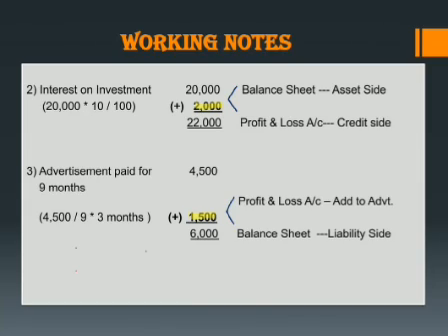That 1,500 we have to add to the particular advertisement, that is 4,500. We get the 6,000. Then for 1,500 we have to give the two effects, profit and loss account, add to the advertisement, and balance sheet liability side, because these expenses are payable but not paid. That is why it becomes our liability.